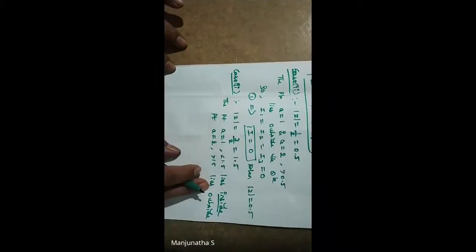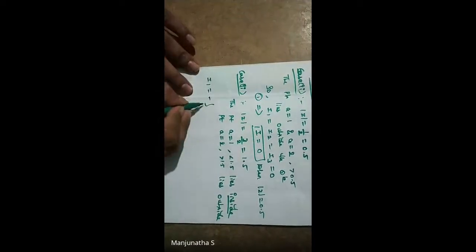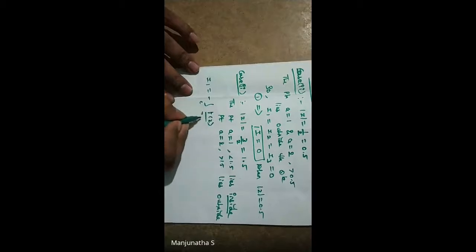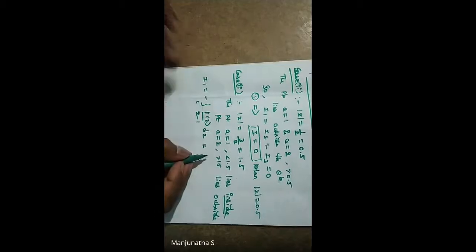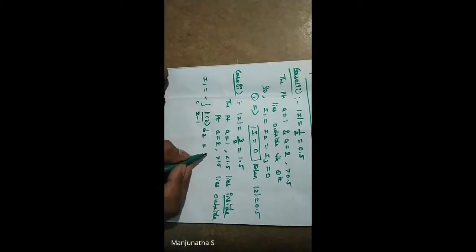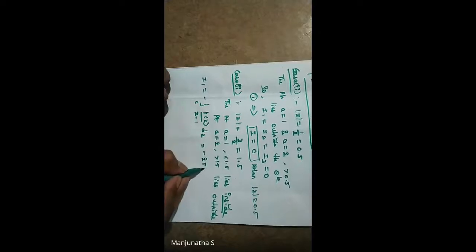So for this point, no need to do. That will give 0. But I1 lies inside, no. Minus integration C f of z divided by z minus 1 into dz. So it is minus 2 pi I into f of 1.